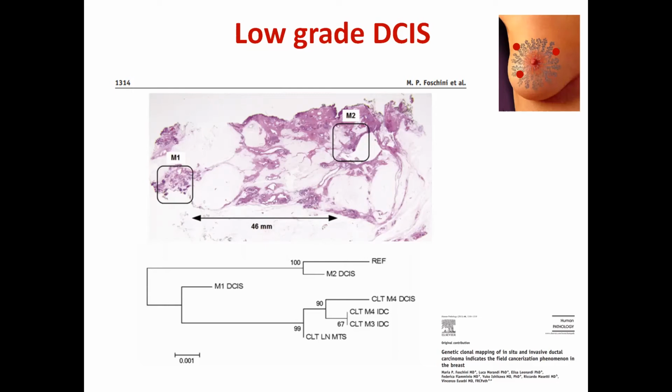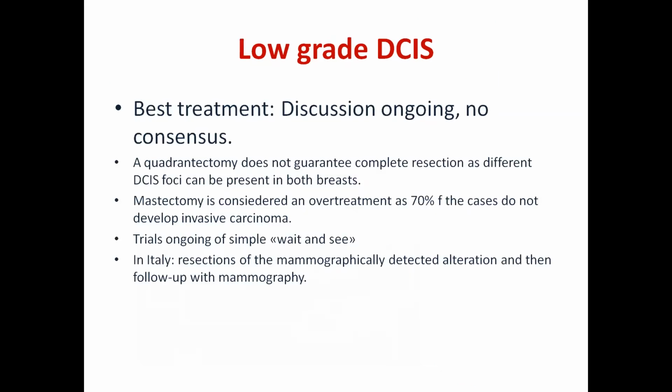So low-grade DCIS is really a low-grade tumor that in theory could be cured by surgery, or at least you can just make a wait and see. But you must be aware that it can be really multifocal. The patient has really multiple different cancers. So the best treatment is very much discussed, at least in Europe and in the United States.